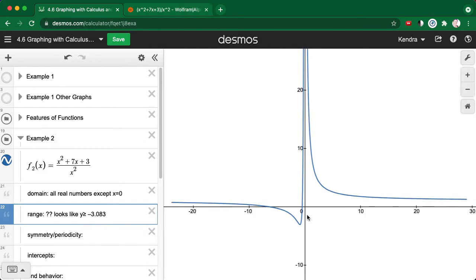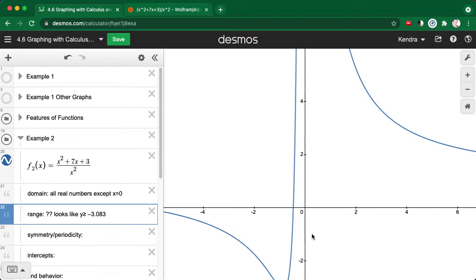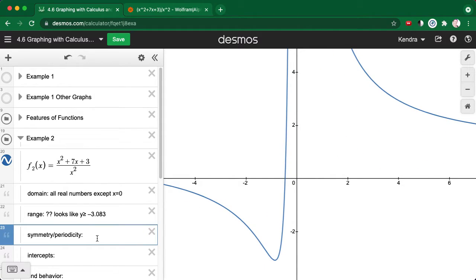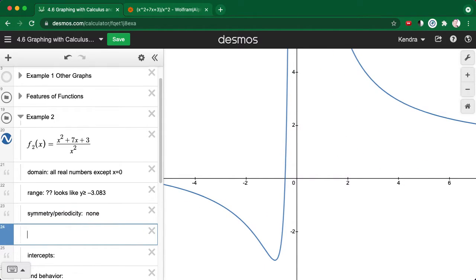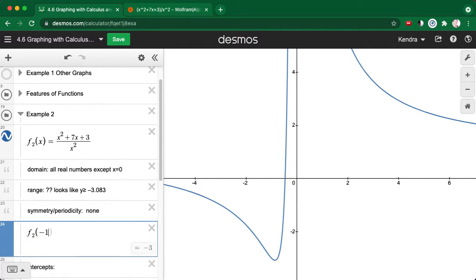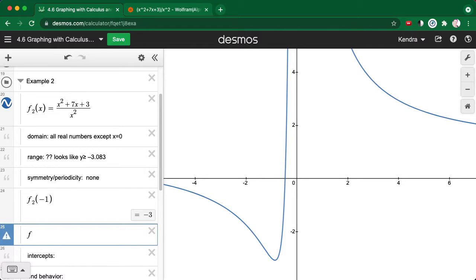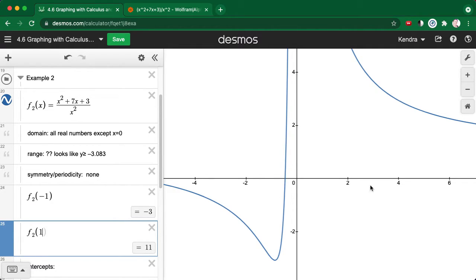Symmetry and periodicity. No periodicity. It looks like none, and I'm going to say none. But I'm also going to confirm that it is not symmetric. This should be pretty easy if I take f2 of -1 versus f2 of +1.